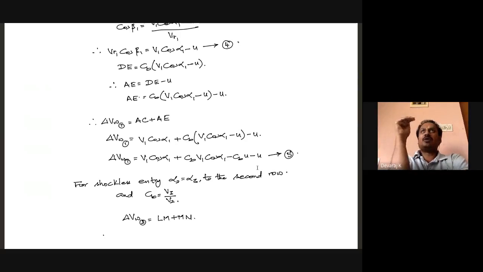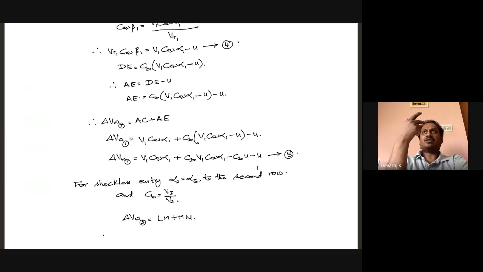Now the steam will exit the first stage or first row rotor and go to the next stage. What we expect is there should not be any shocks. So for a shockless entry, the exit flow angle from the first rotor should be equal to the entry flow angle for the second rotor, that is alpha 2 should be equal to alpha 3.